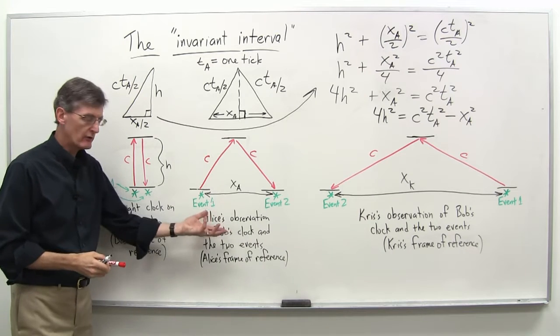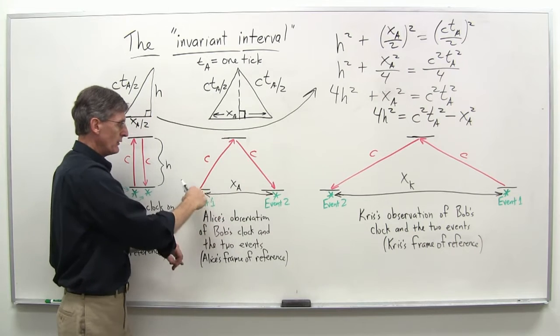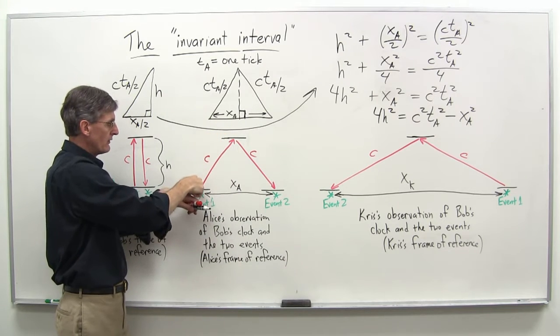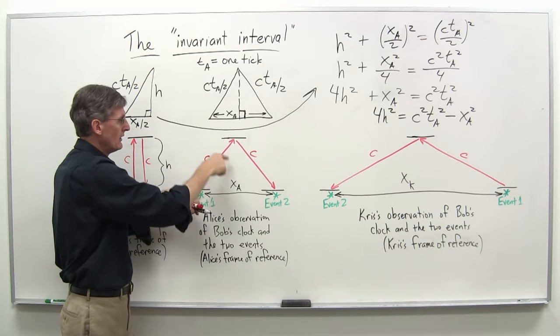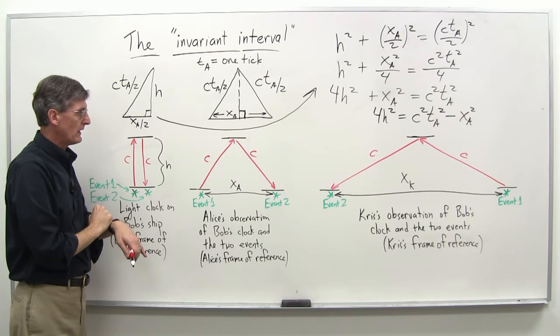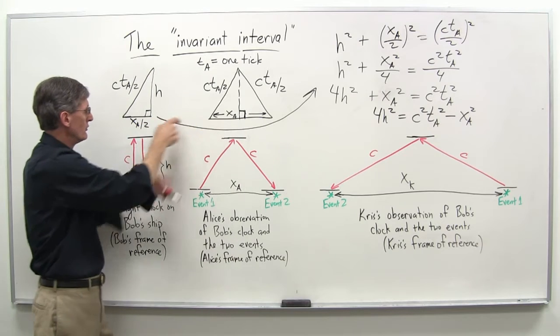We started with Alice here. We just said, okay, we'll define the distance to two events as xa. We know the speed of light is c, so we know this distance it covers. If we define one clock tick, ta, the time from here to here, this is c ta over 2, half of the time. And then when we do the triangle and split it in two, we get xa over 2 here.